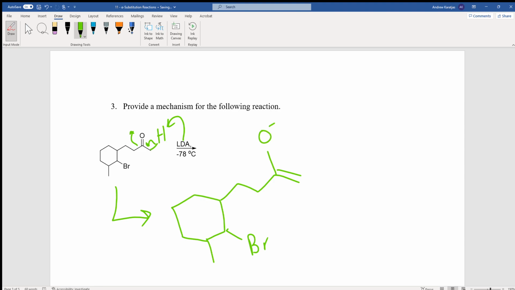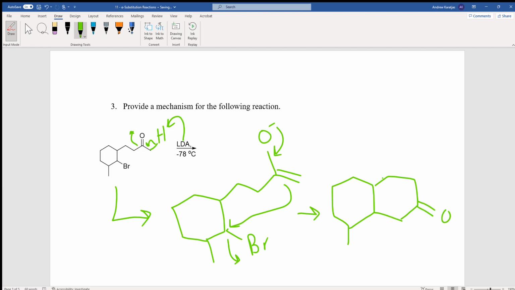Now, in this question, we don't actually have a separate electrophile. Nothing else is being added. However, there is that bromine elsewhere in the molecule, and so our enolate can reform the carbonyl, and then those pi electrons can attack internally and kick out the bromine. And so we've managed to form a ring here.